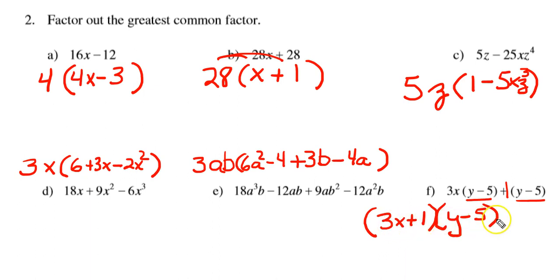Because if we wanted to multiply this, we said a way to do it would be take the 3x and multiply it by this, and then the 1 and multiply it by this, and that's what they're showing. So to reverse that, this is how we would do it.